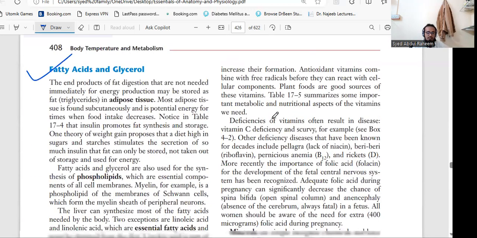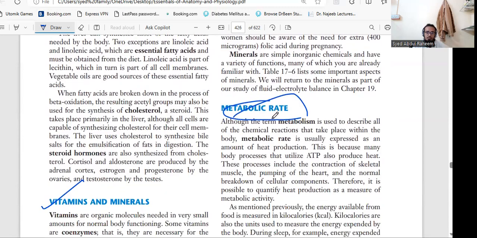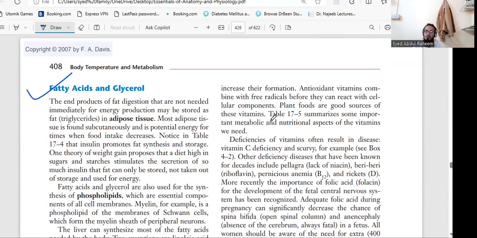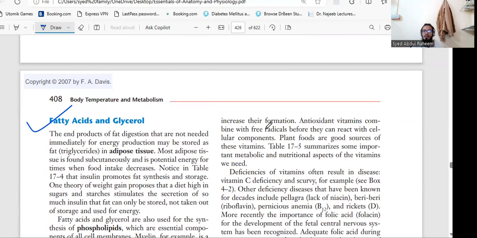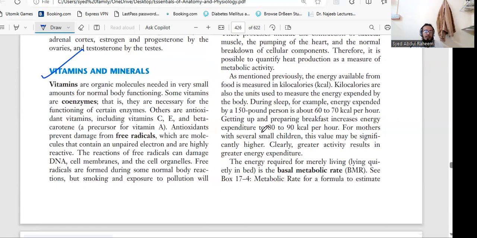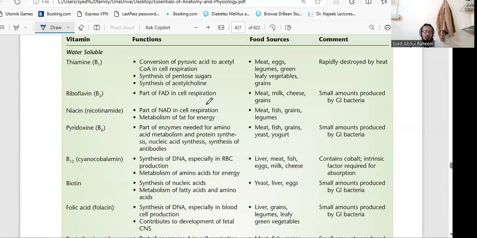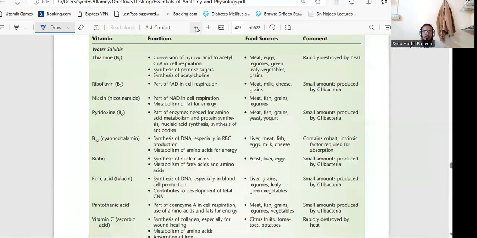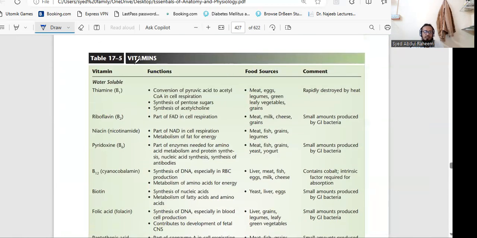Next we have fatty acids and glycerol. Already we discussed that the extra amount of fat is stored in the adipose tissue. Next thing we discuss is vitamins and minerals. Very important. Here we have a box with different types of minerals and vitamins.